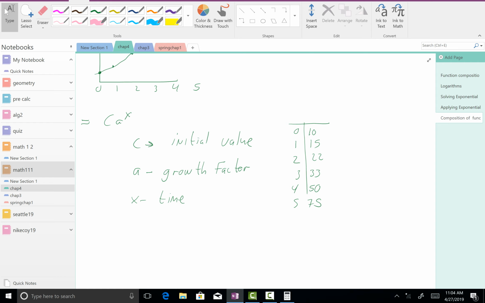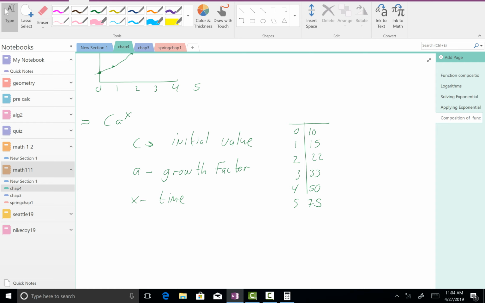However, if I look at it from this point of view, where I'm looking at the difference in the change, for example, the difference between the 10 and the 15 is 5, and if I divide that by 10, I get 0.5. And if I look at 15 and 22, the difference there is 7, divided by 15, I get close to 0.5.